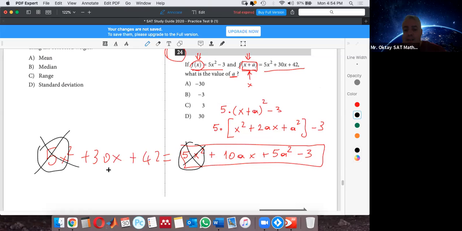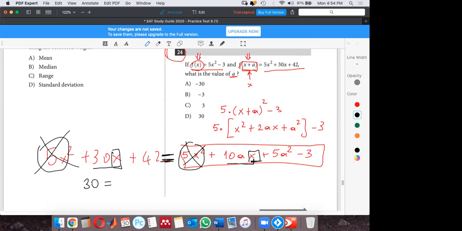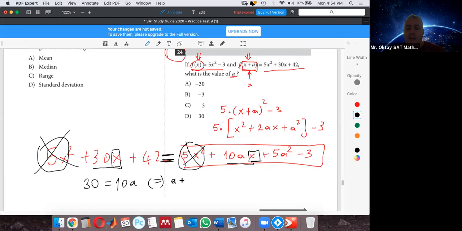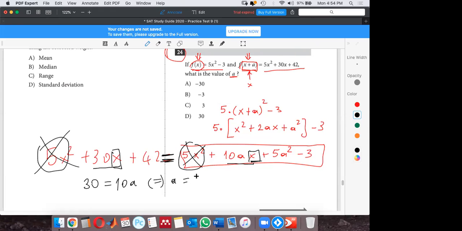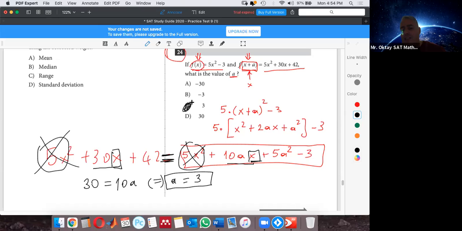Now, 30x and 10ax. Before the x, what do I have? 30. Since they are equal to each other, before the x, what do I have? Tell me. 10. Bravo. So, what will a be here? A will be 3. Yeah, 3. Finished. That's it.